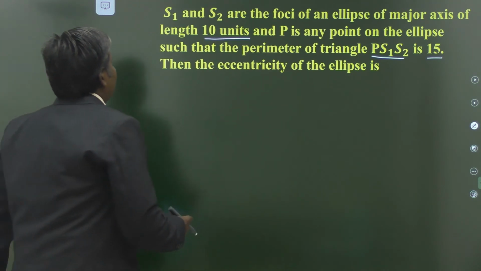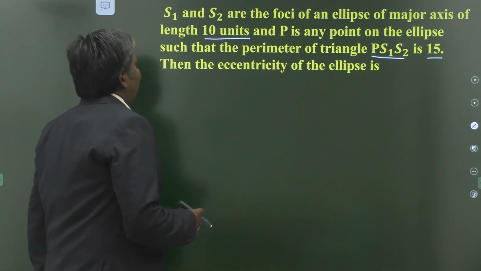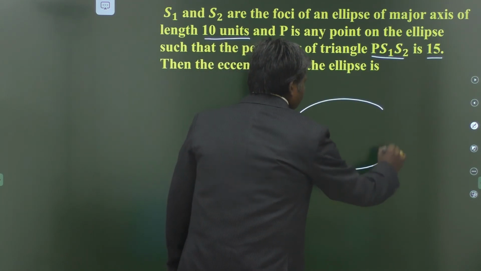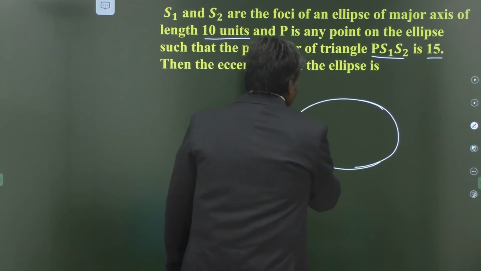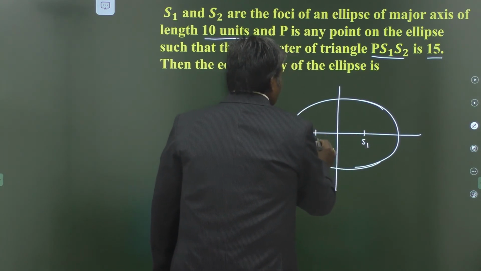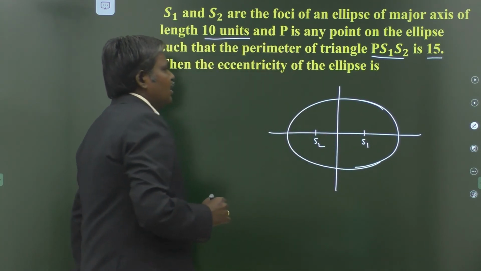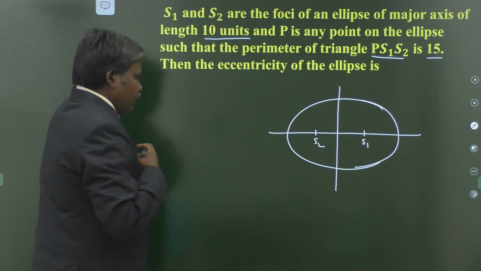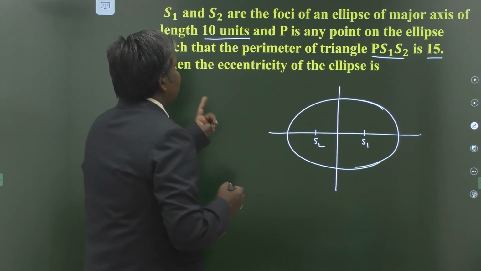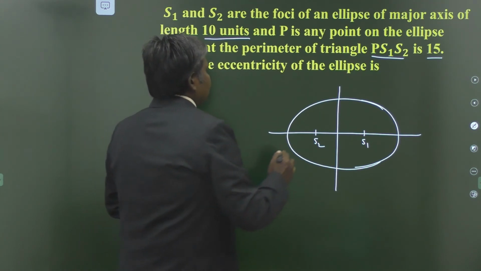So how to do this one? S1 and S2 are the foci of the ellipse. This is the ellipse, S1, S2 are the foci, and P is any point on the ellipse.